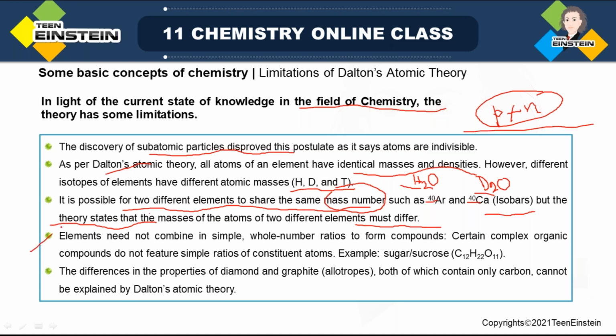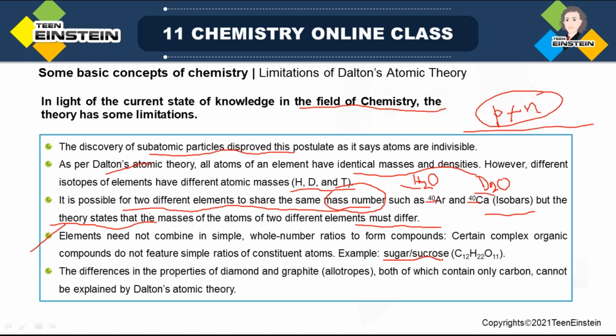Okay, next point, elements need not combine in simple whole number ratios to form compounds. According to this theory, they always combine with each other in whole number ratios, but that may not always be true. You will see this in certain complex organic compounds.